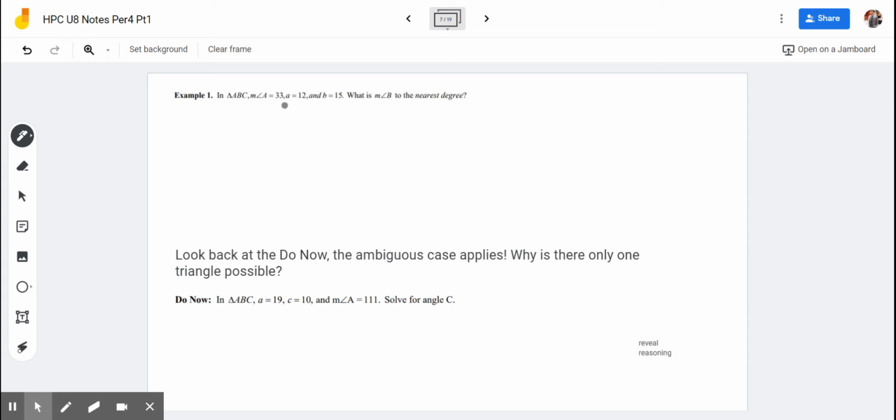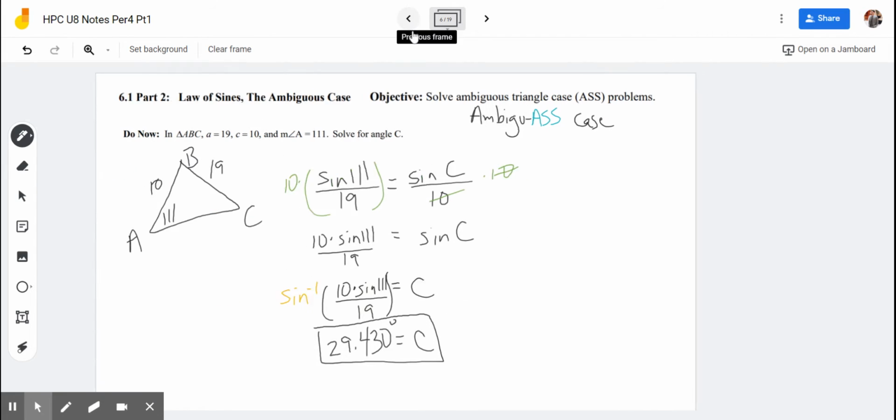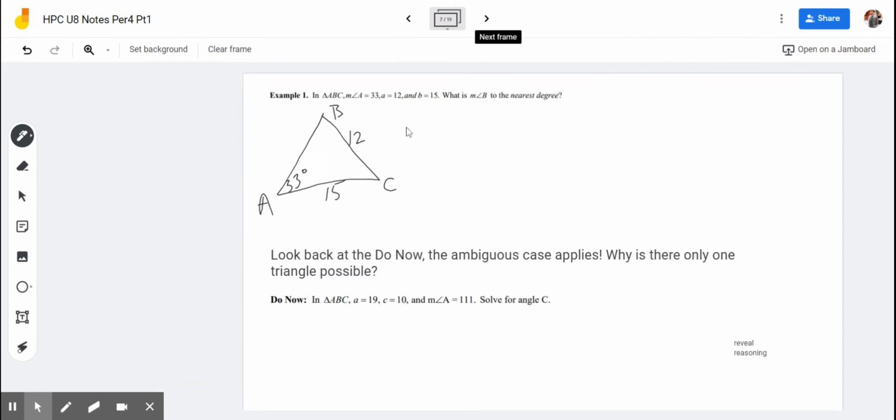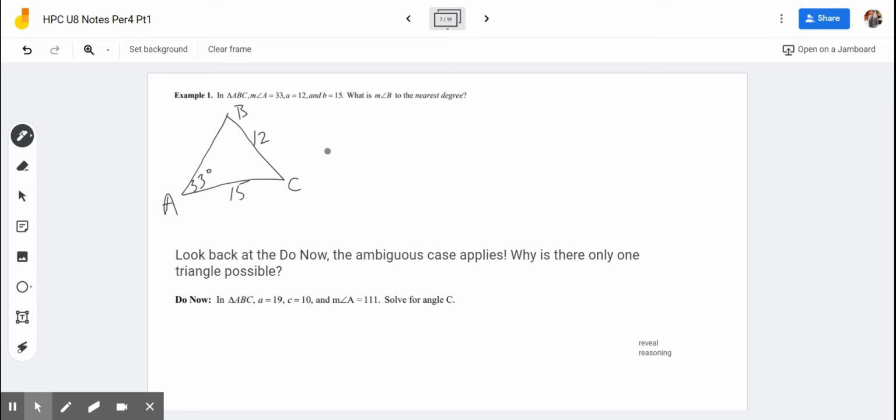So triangle ABC, measure of angle A is 33, little a is 12, little b is 15. So I'll sketch it. Here's the diagram, and it looks pretty similar to what we have here, right? We have two sides and a non-included angle. So the setup will look similar. Sine of A over 12 is equal to sine of B over 15.